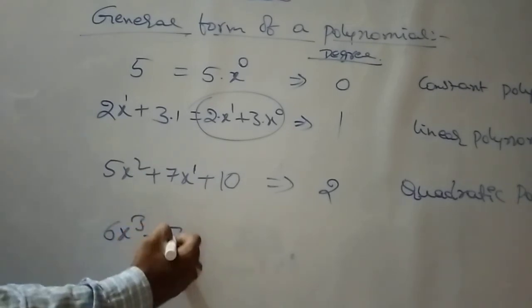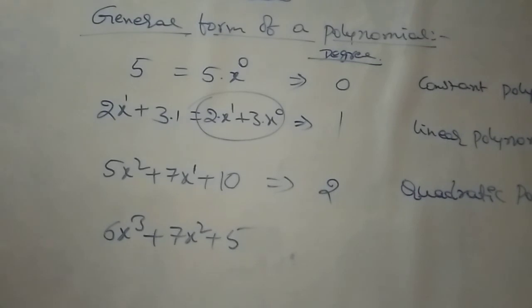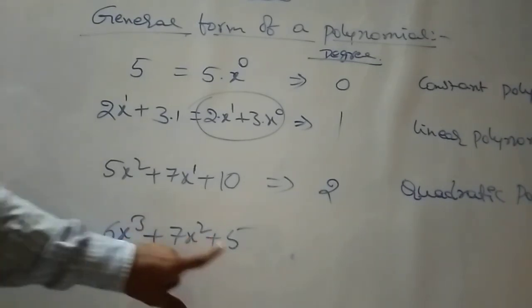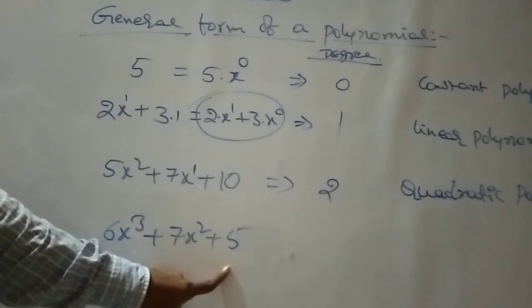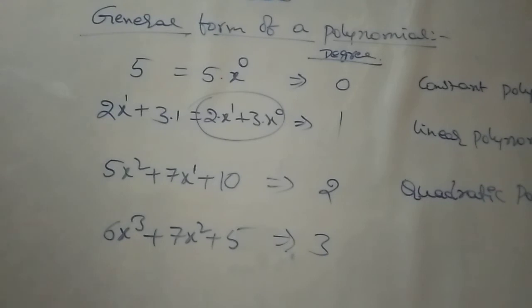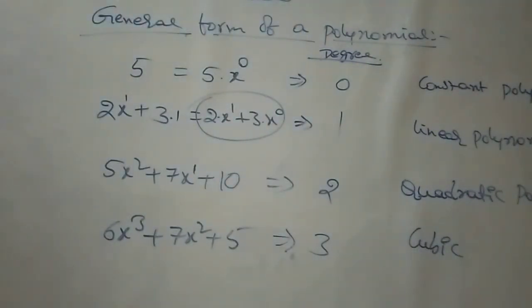The next one, 6x cube plus 7x square plus 5. Now here three terms. First term degree 3, second one 2, next one 0. In this the largest value is 3. Now this polynomial is called a cubic polynomial.